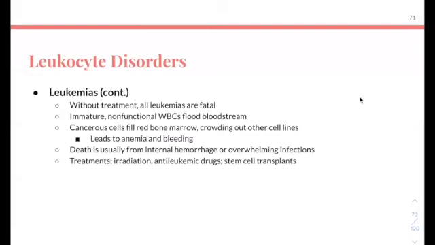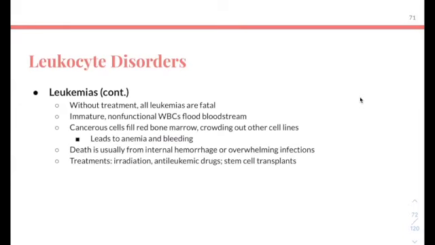People usually end up dying from an internal hemorrhage, which is internal bleeding, or an overwhelming infection, because the white blood cells aren't doing their job of fighting infections, so you tend to get sick a lot easier. It takes a lot longer to fight off different infections.